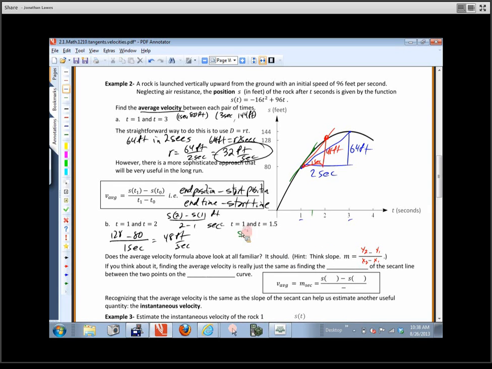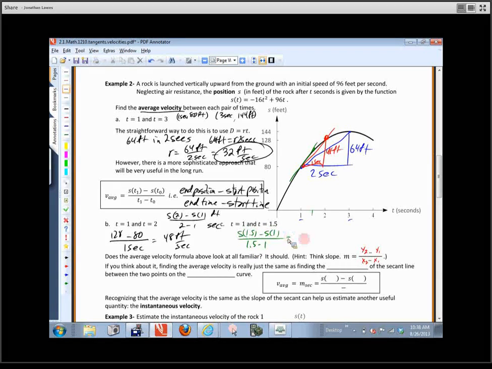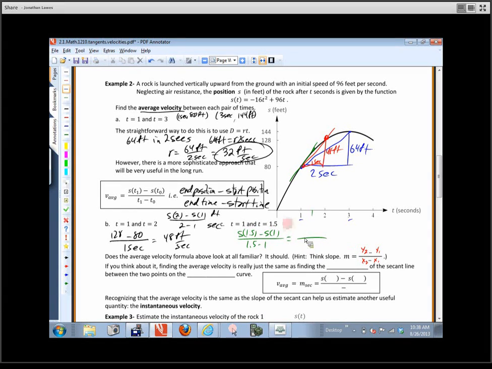So that's going to be s of 1.5, and grab a calculator if you would. But the only part that you need from this is just the s of 1. That's all you're going to need a calculator for, because we already figured out our starting position was 80. Our end time minus our start time is going to be 0.5. And remember, that's going to be seconds here and feet on the top.